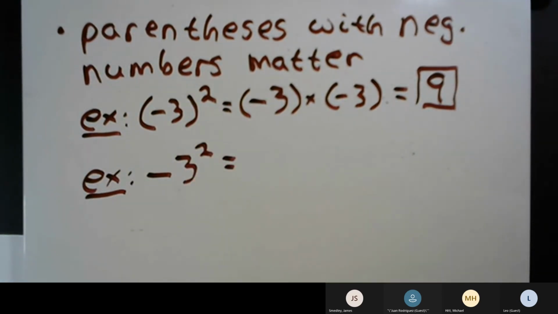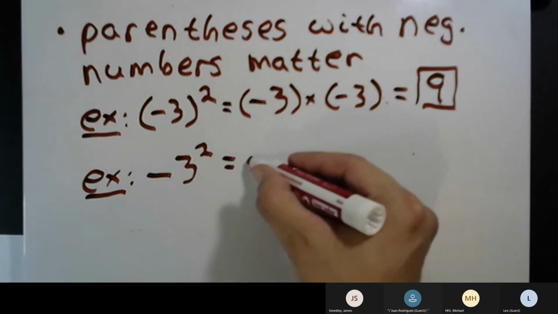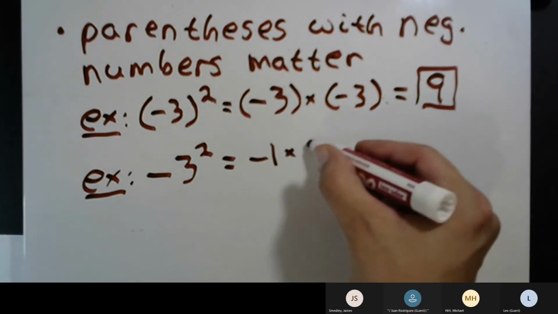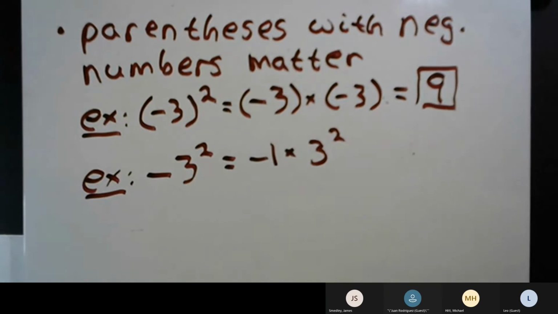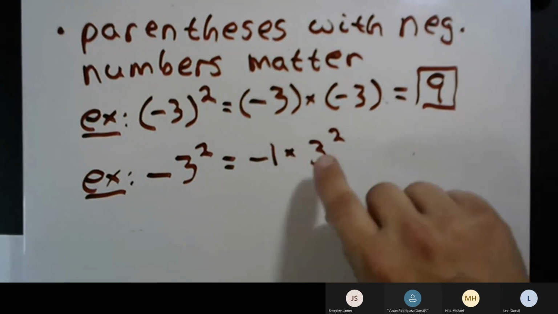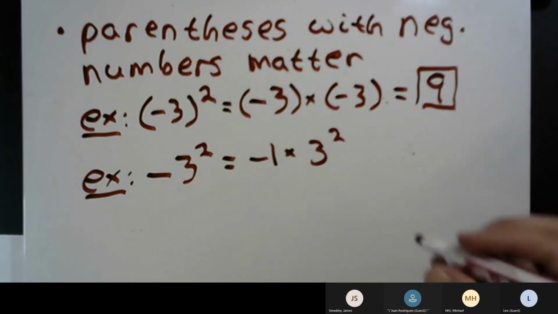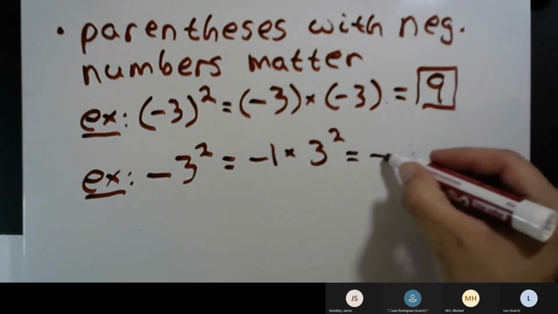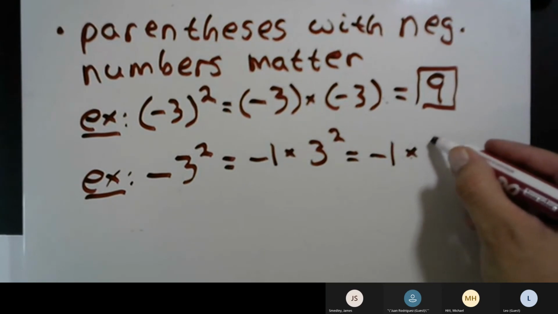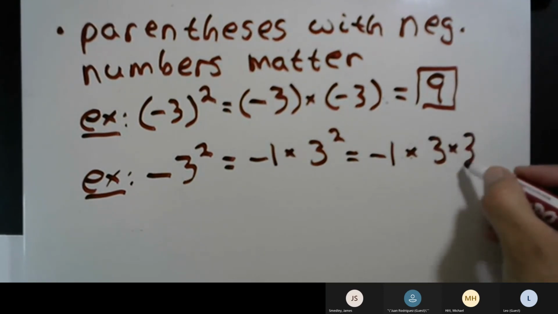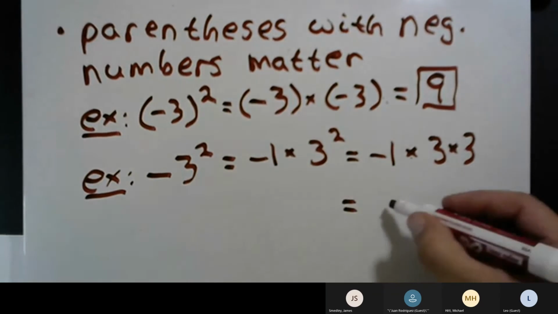what this technically means is -1 times 3 squared. Now we're going to get into PEMDAS. We've done a little PEMDAS already, but we're going to get back into it, this time working with exponents and roots. The thing we're going to run into with PEMDAS is that we do exponents first, then we do multiplication. So this becomes -1 times 3 times 3. I'm just going to cut to the chase.